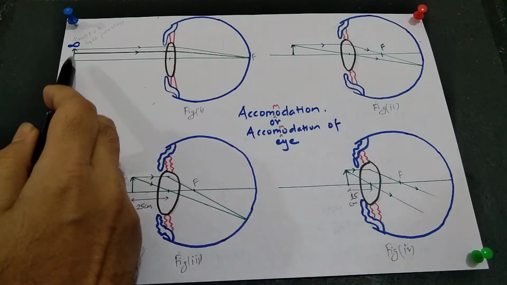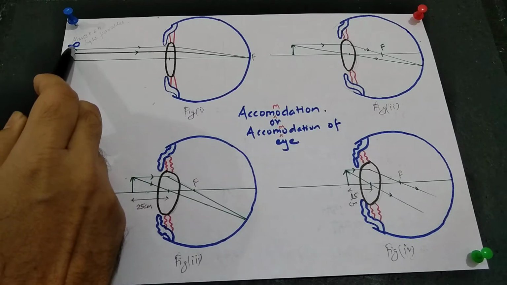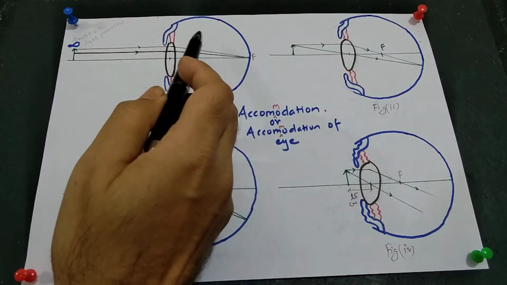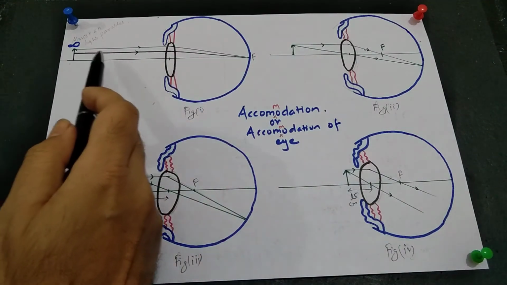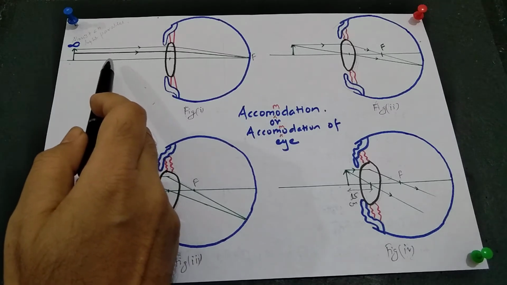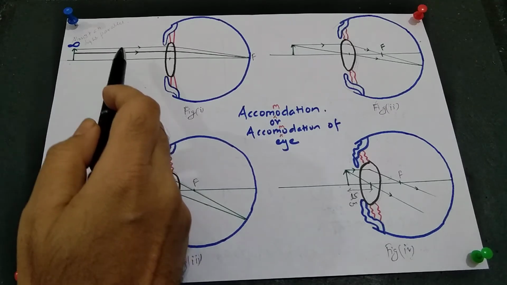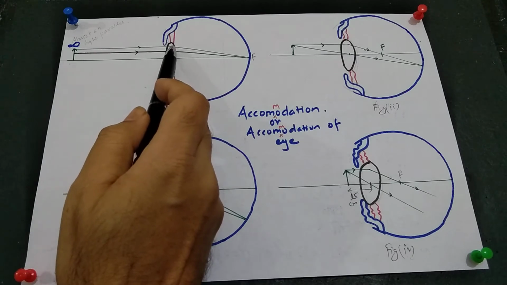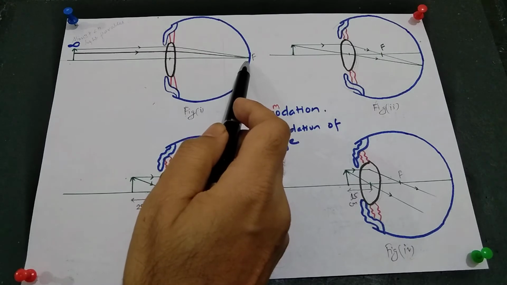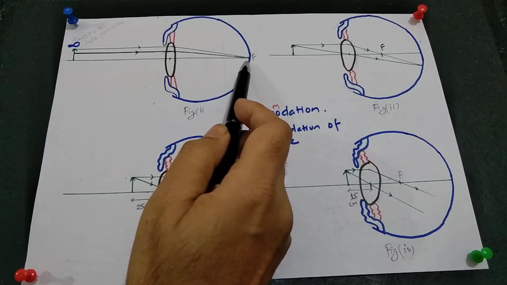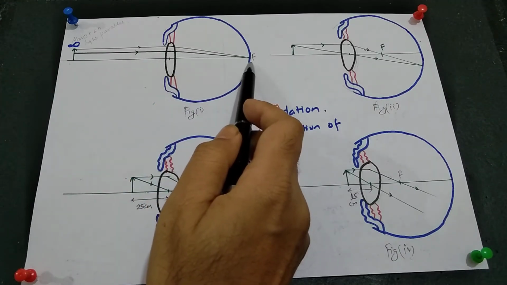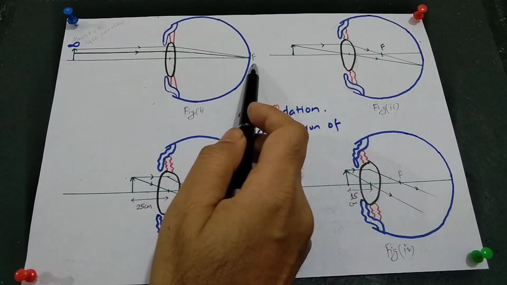This is our object at infinite distance from the eye. This is our eye. The light rays emerging from the object are almost parallel to the principal axis. They fall on the lens and get converged to a point on the retina after refraction, and this point is called the focus of the eye lens.